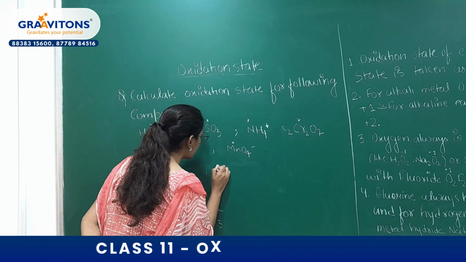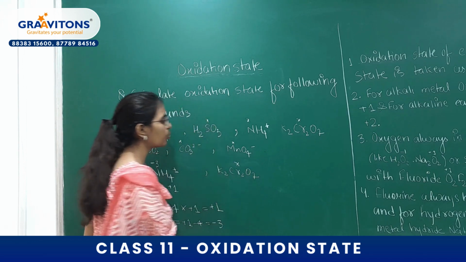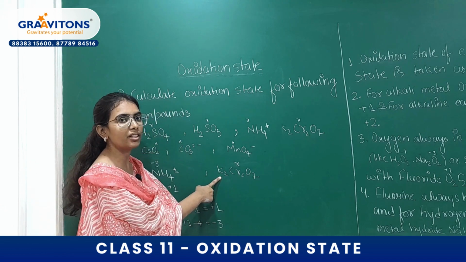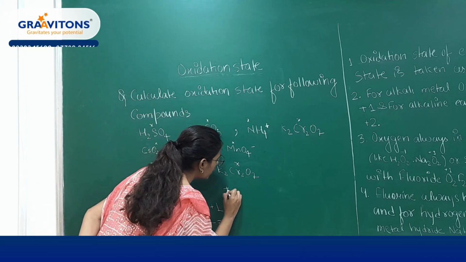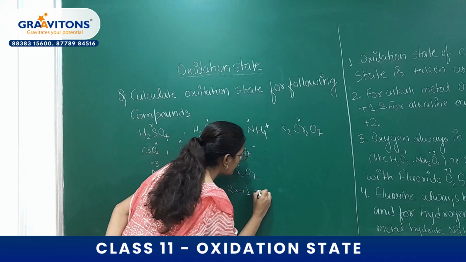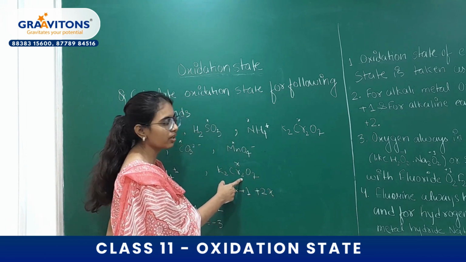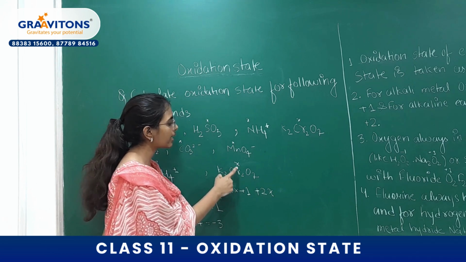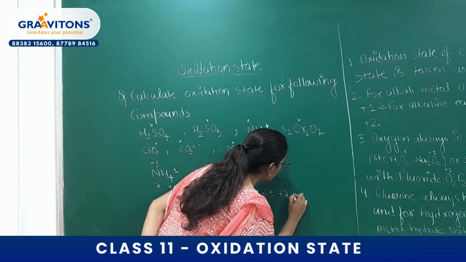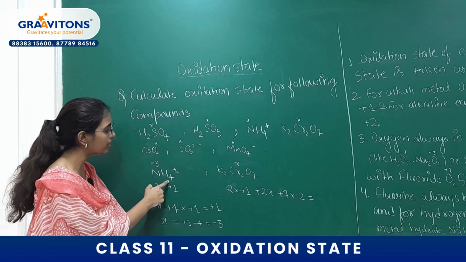Next we have to check for K2Cr2O7. Let the chromium be X. Potassium is an alkali metal, always plus 1. So 2 into plus 1, plus 2X, as we have 2 chromium and 1 chromium oxidation state is taken as X. We have 7 oxygen, each with minus 2, so plus 7 into minus 2 is equal to 0.